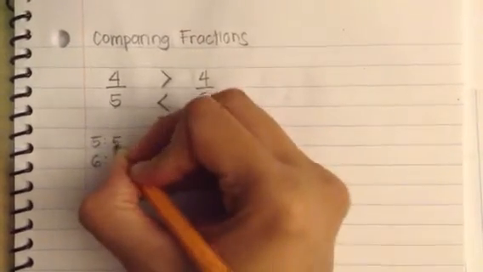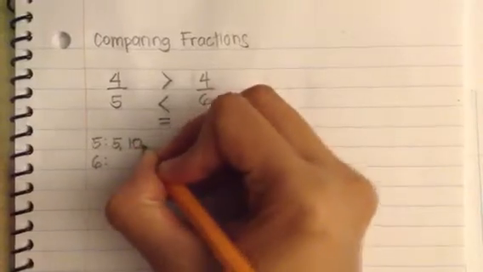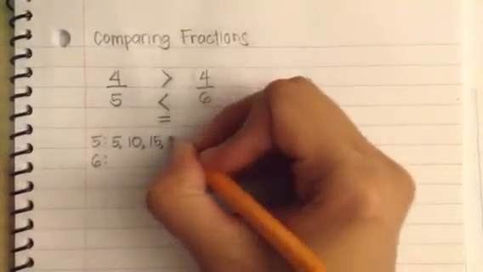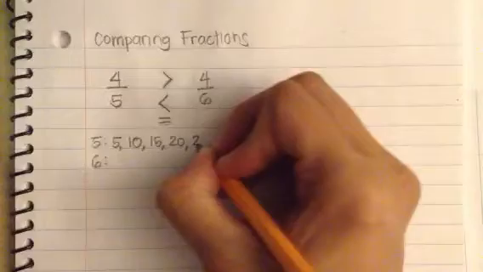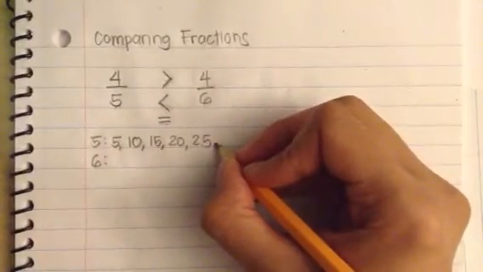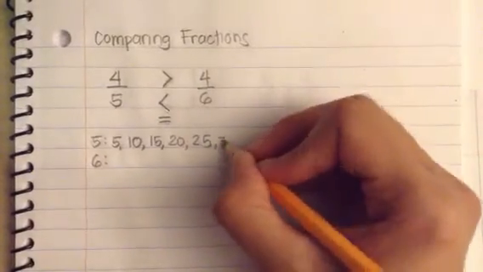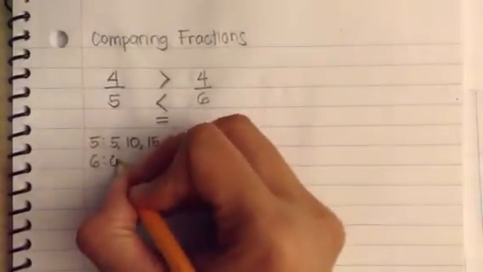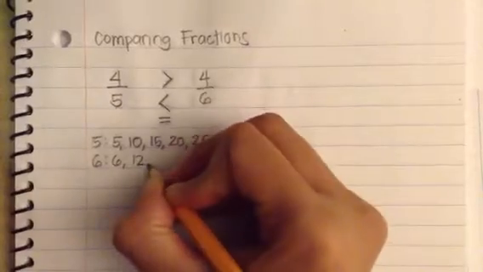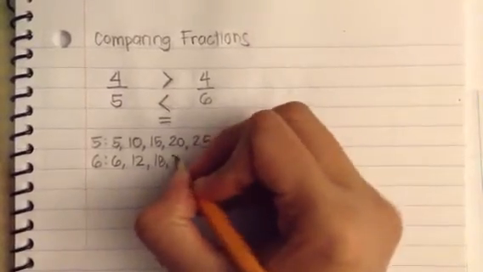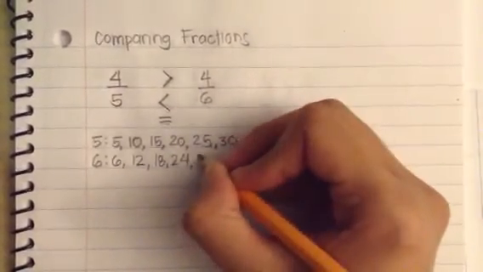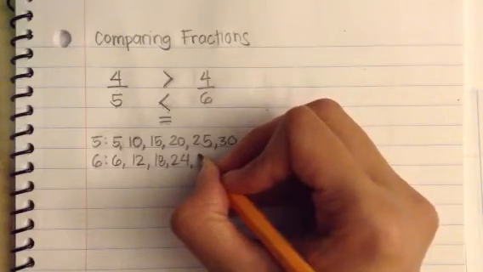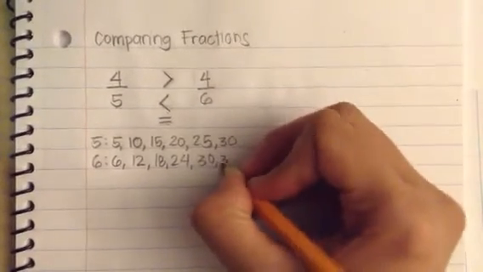So 5 times 1 is 5, 5 times 2 is 10, 5 times 3 is 15, 5 times 4 is 20, 5 times 5 is 25, and 5 times 6 is 30. I'm going to do the same thing with 6. 6 times 1 is 6, 6 times 2 is 12, 6 times 3 is 18, 6 times 4 is 24, 6 times 5 is 30, and 6 times 6 is 36.